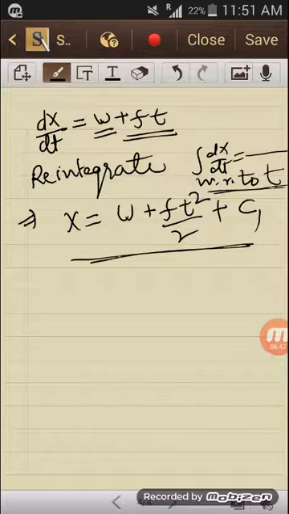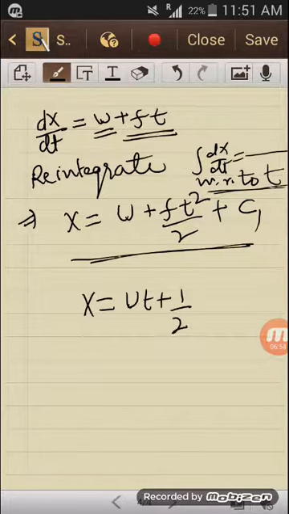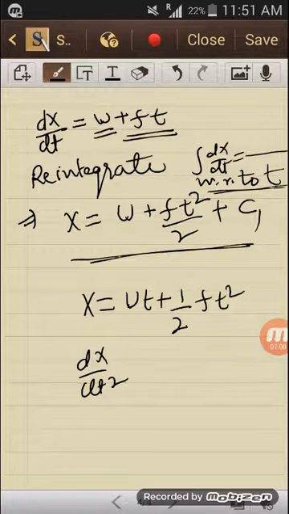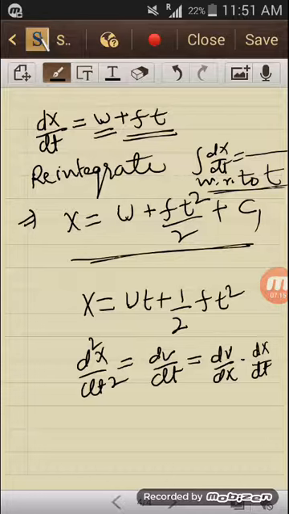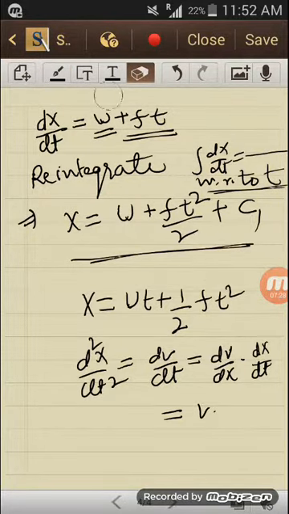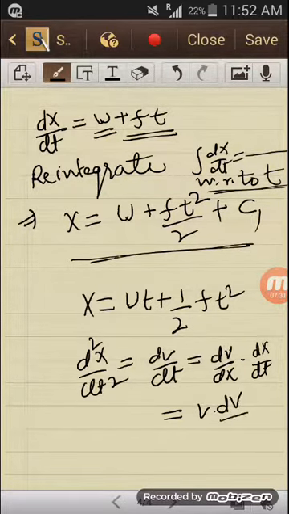So what you will get from solving this is x equal to ut plus half of ft². Now d²x by dt² equal to dv upon dt equal to, we can write dv by dx times dx by dt, which is v dv by dx.